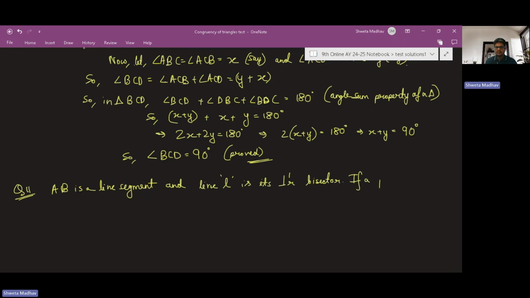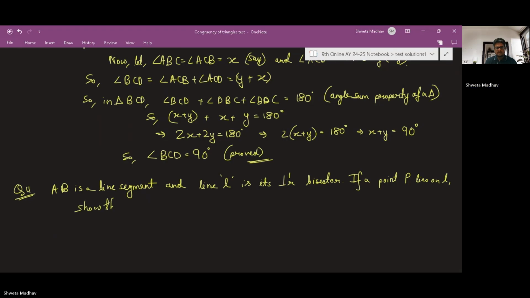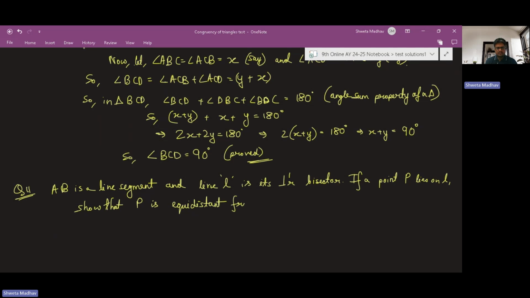If the point P lies on L, then show that P is equidistant from A and B.